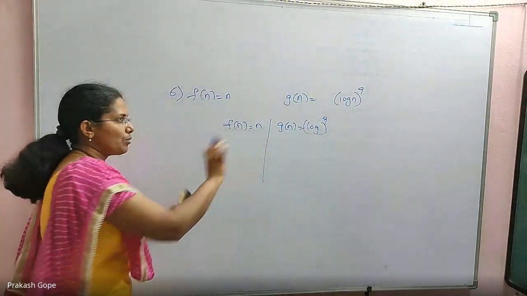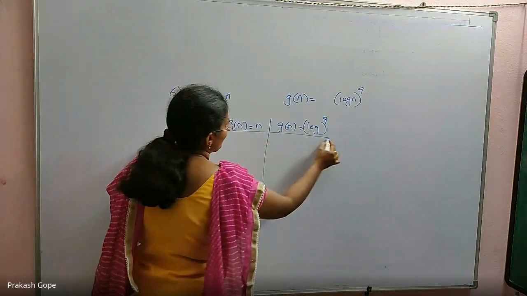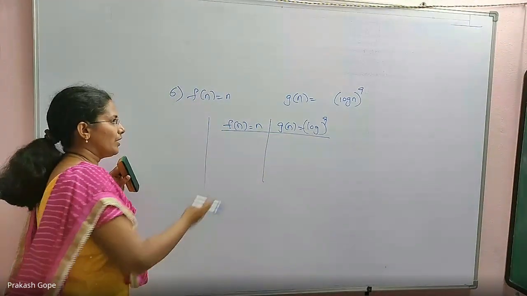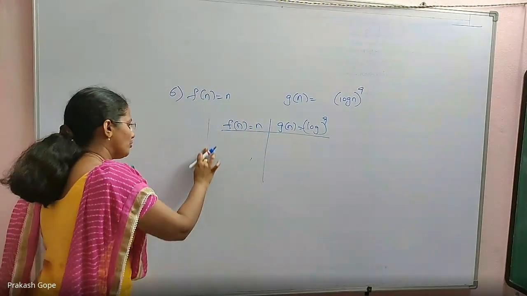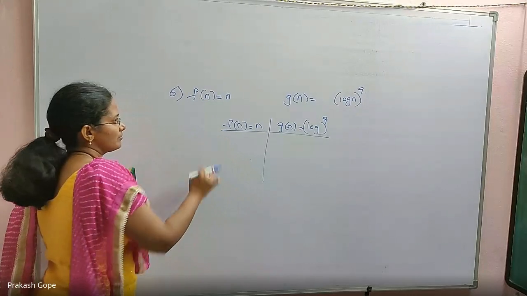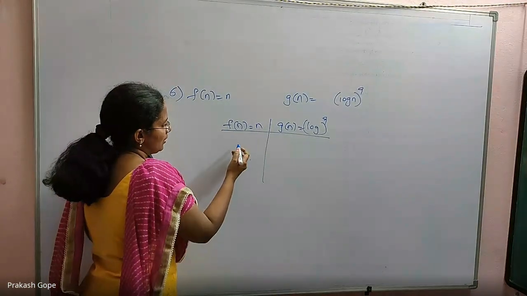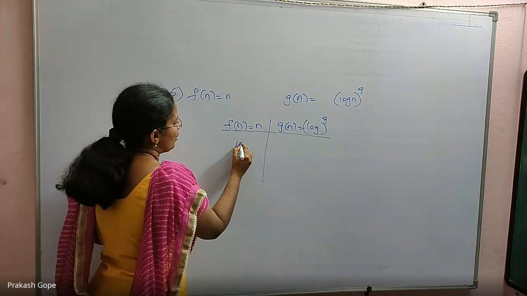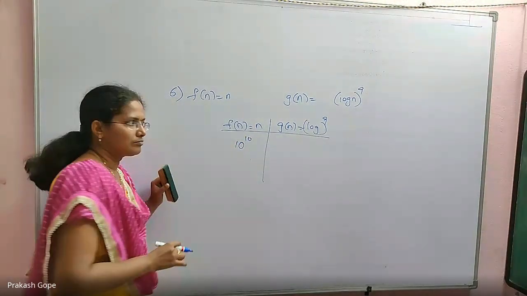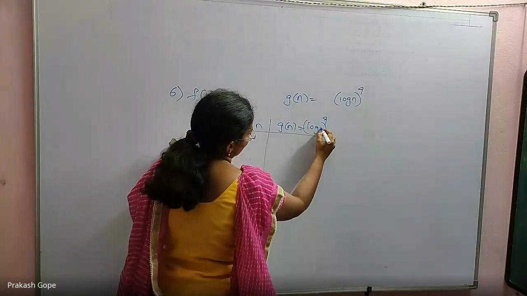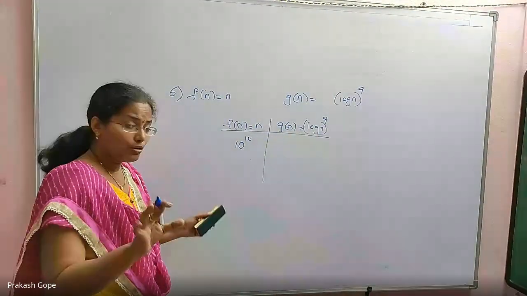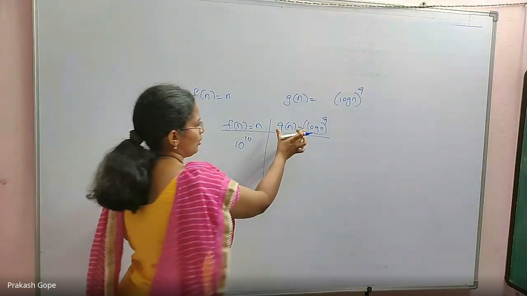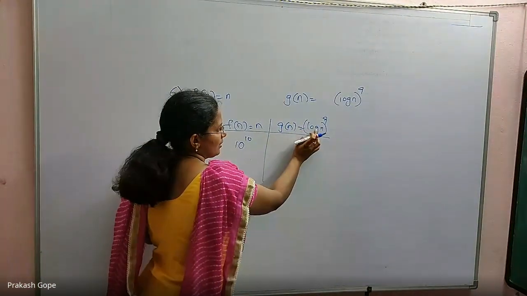I don't know which is the smaller function and which is the greater function, so I will give values for n and then verify. Shall I give n value as 10 power 10? Now what will be g of n?